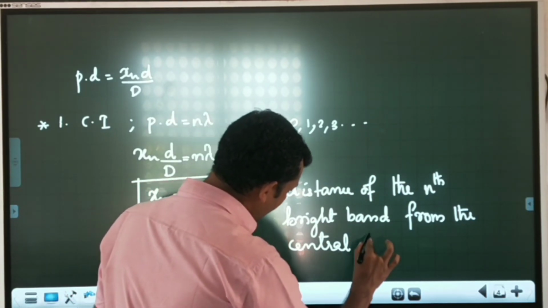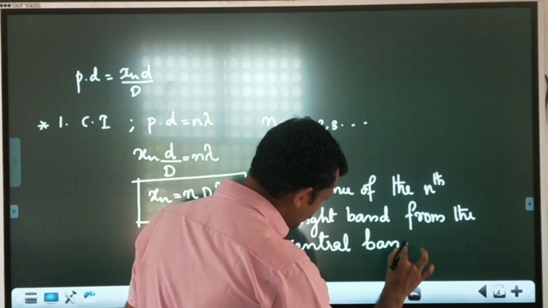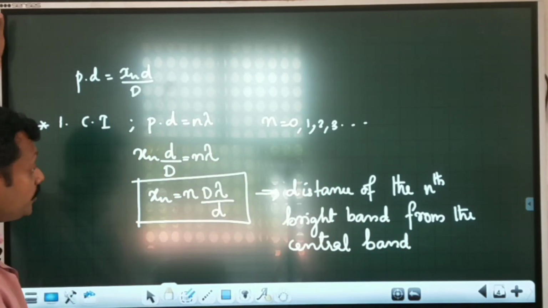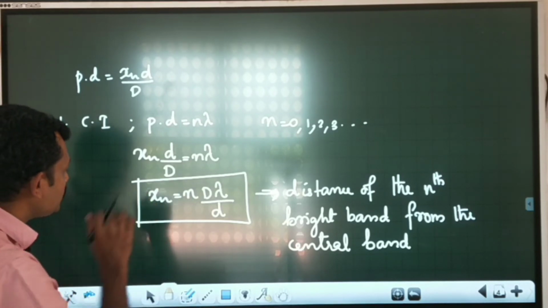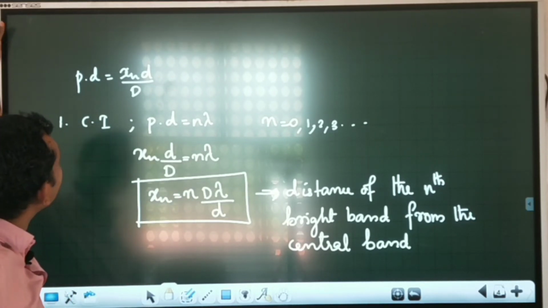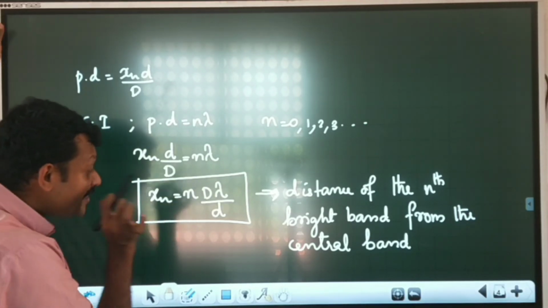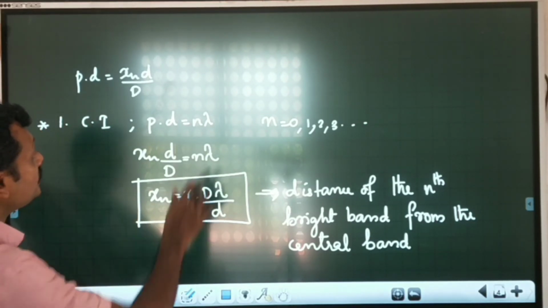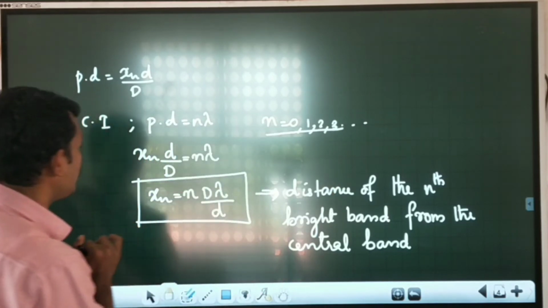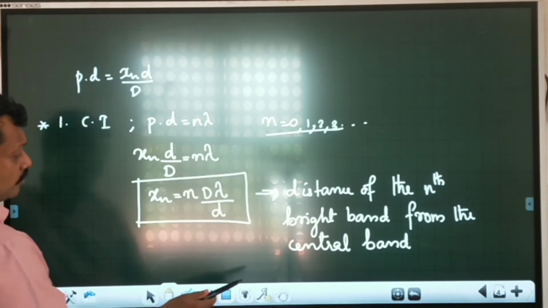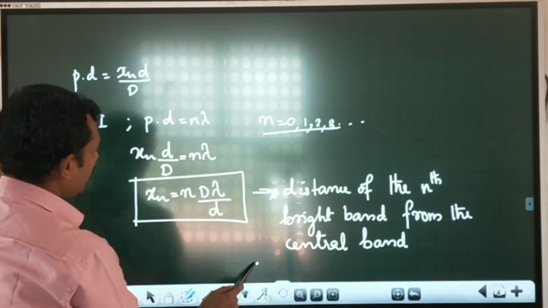Distance of the nth bright band from the central band is given by this expression: xn is equal to n into D lambda by small d. This is the distance of the nth bright band, or nth constructive interference band, I would say, where n can take the values 0, 1, 2, 3, etc. This is very, very important. The question is, what is the distance between constructive? Okay, that we will discuss later.